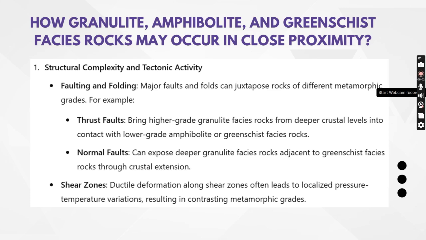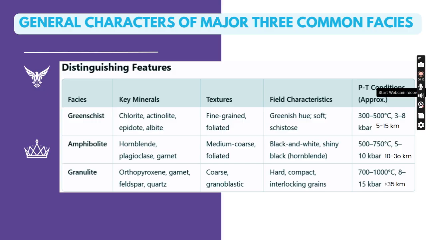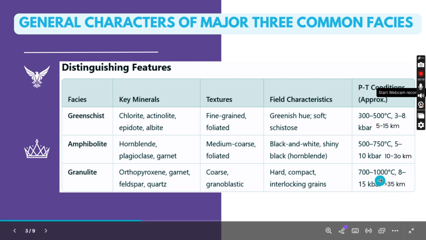Now, how may granulite, amphibolite, and greenschist facies rocks occur in close proximity? As I have told, the zone is specified where greenschist is 5 to 15 kilometers, then amphibolite 10 to 30 kilometers, and granulite more than 35 kilometers.